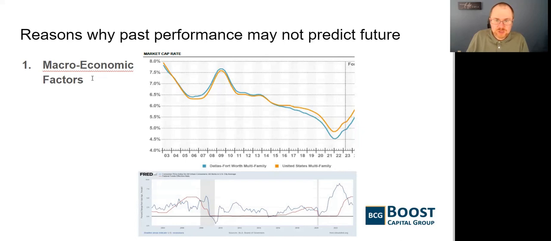Meaning, and here I'm showing as an illustration, at the bottom, you see the line in blue is the CPI, the inflation, in other words, and the line in red is the interest rates, right? And in the past couple of years, interest rates have risen considerably, which in turn has affected the market quite a bit.